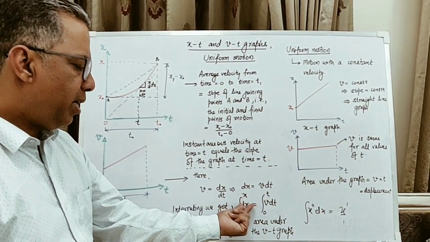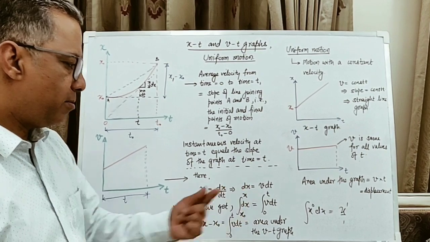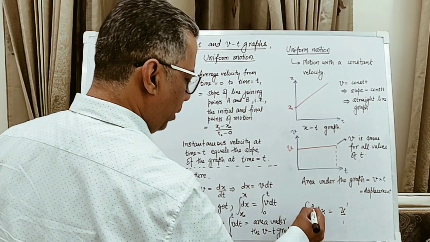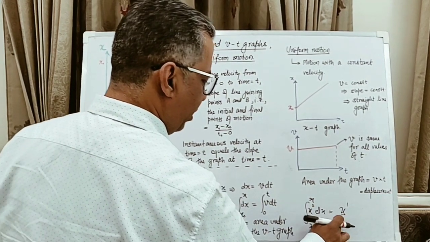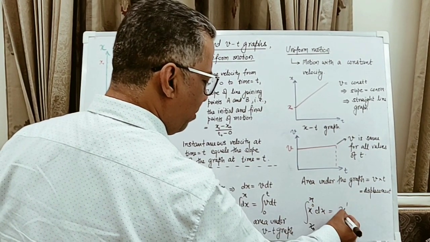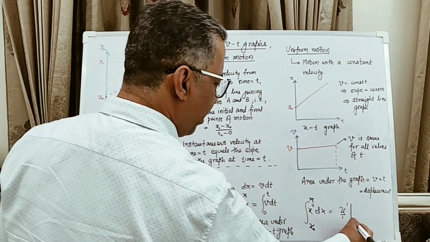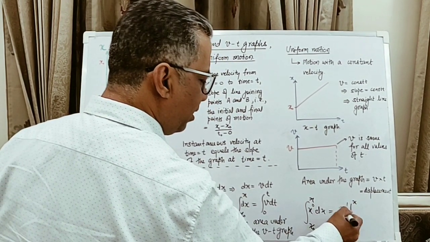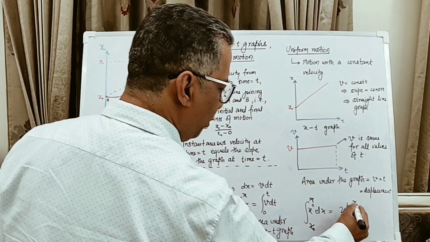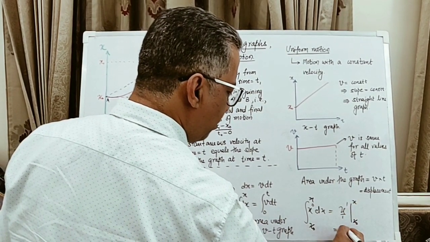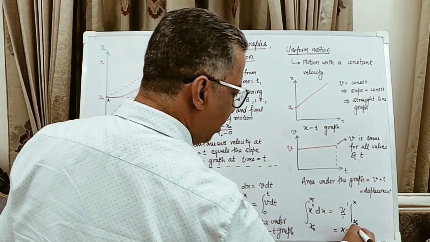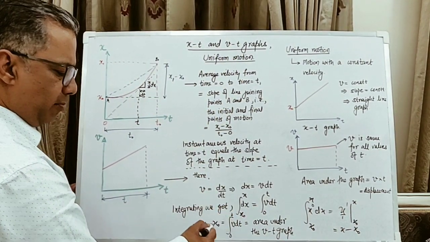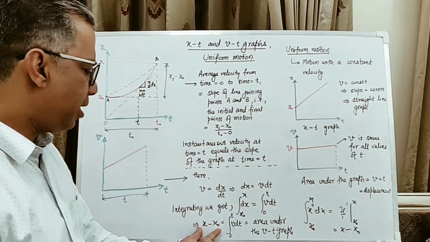Now when you integrate dx from x0 to x, what you end up with here is x to the power 1 by 1, and the limits are x0 to x. And when you substitute these limits in this function, you get x to the power 1 minus x0, and that's what you end up with on the left hand side of the equation, x minus x0.